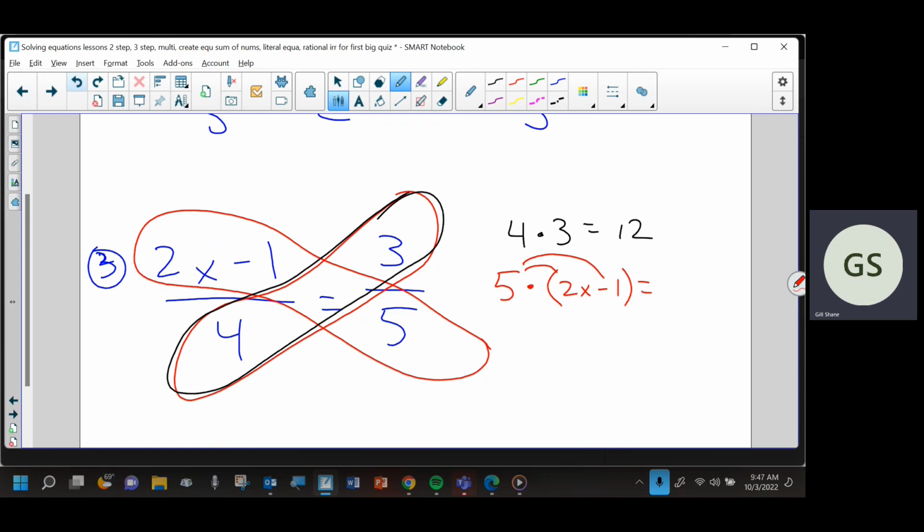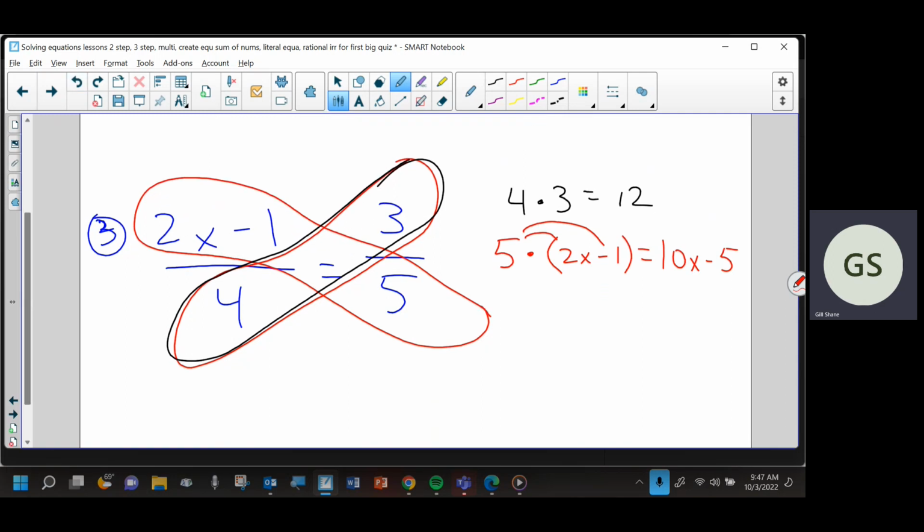So 5 times 2x is 10x, and then 5 times -1 is subtract 5. So once you come up with the answer to each separate butterfly wing, you just set that equal to each other. So we would say, okay, well, one of my answers was 12. That was one butterfly wing. And the other butterfly wing was 10x subtract 5.